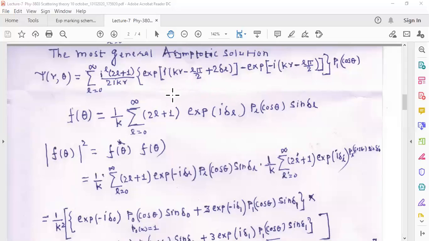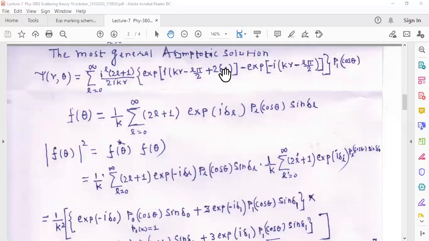So the contribution of the scattering potential is to shift the phase of the outgoing wave relative to the phase of the incoming wave. Look at the phase of the outgoing wave: it is kr minus L pi by 2 plus 2 delta L.